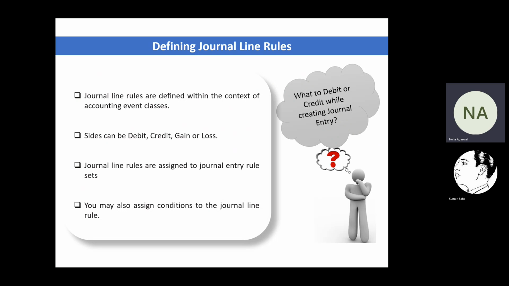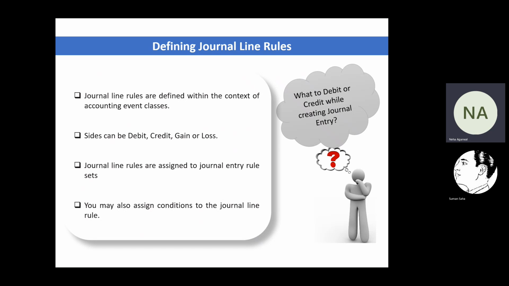A general line rule can be used in the subledger general entry rule set that has the same event class. The general line rule condition determines whether a general line rule and its associated account rules and description rules are used to create the subledger general entry line.